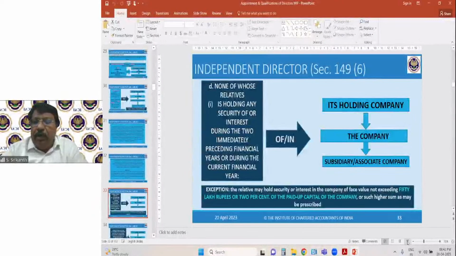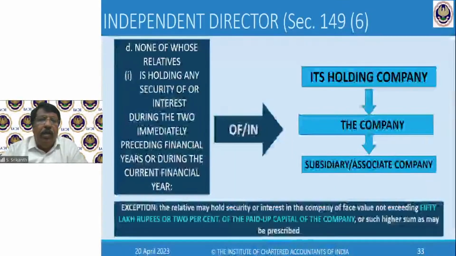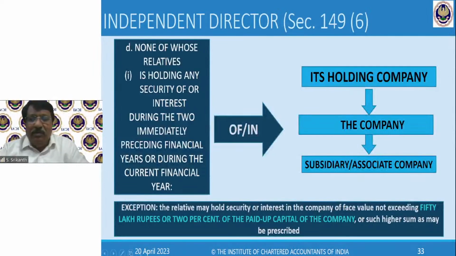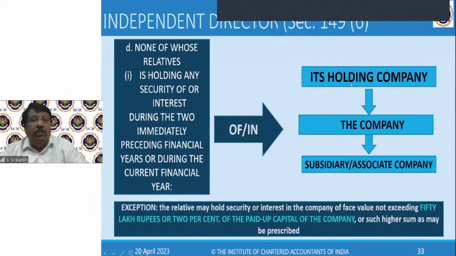None of whose relatives is holding any security or doing the immediate business. Exception, relative may hold security or interest in the company, face value not exceeding 50 lakhs or 2%, or such higher amount as may be prescribed. Okay, so got it?